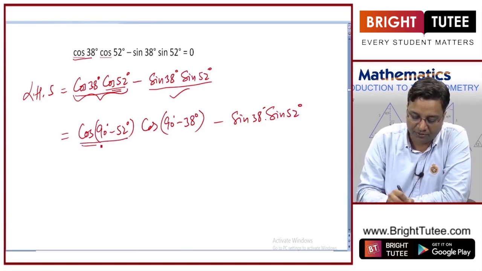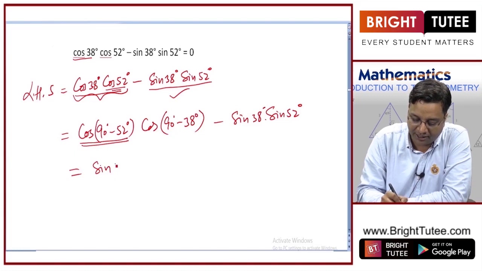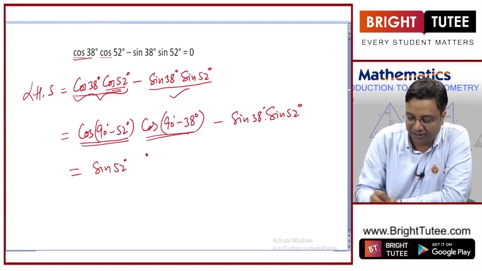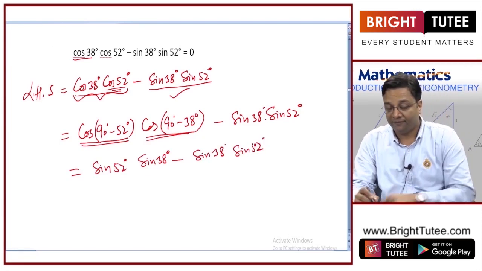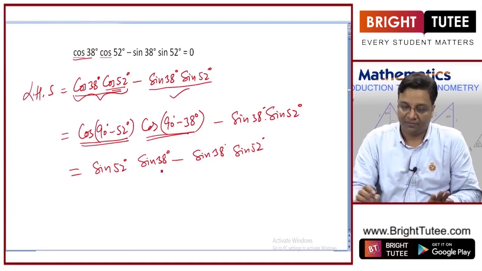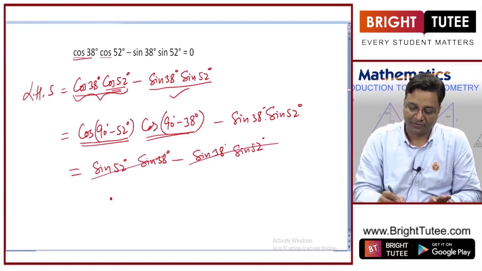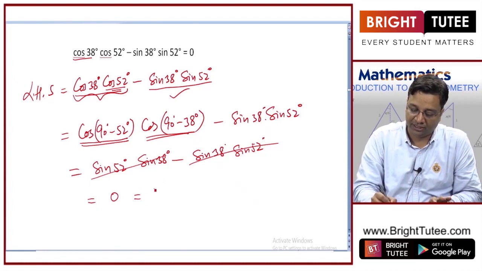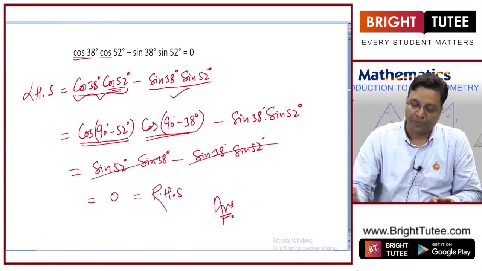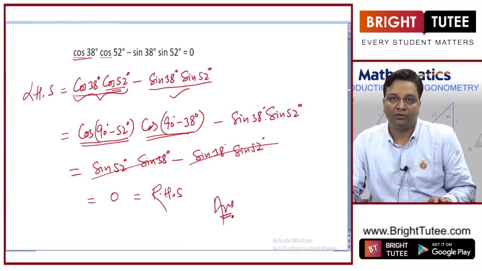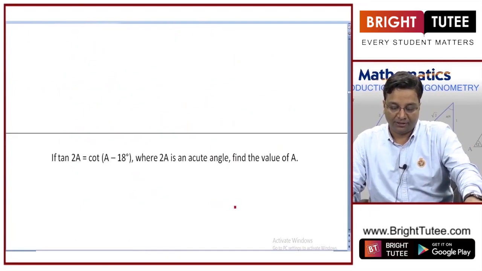Now this can be written as sin 52, this can be written as sin 38, minus sin 38 sin 52. Now you can see that these two expressions are the same, hence you can cancel these and it is equal to 0, which is the right hand side. Okay, so this is how you will do these questions.